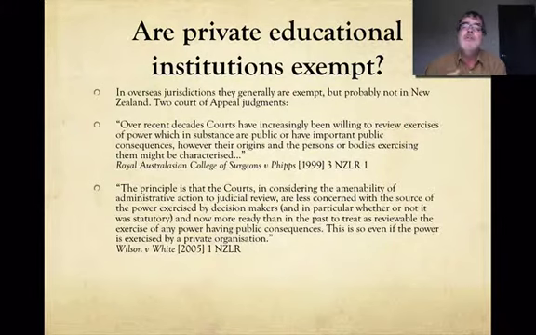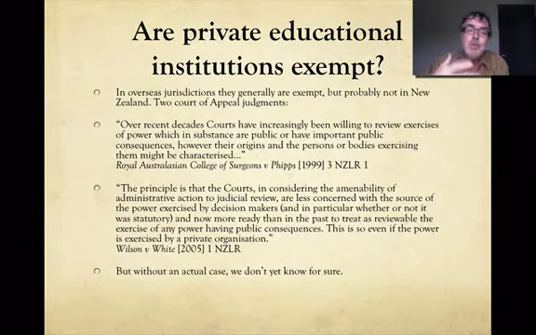So what this has been interpreted to mean is that it's very likely that integrated schools, and probably also private schools and other private educational institutions, could have their decisions judicially reviewed, but we don't know for sure.